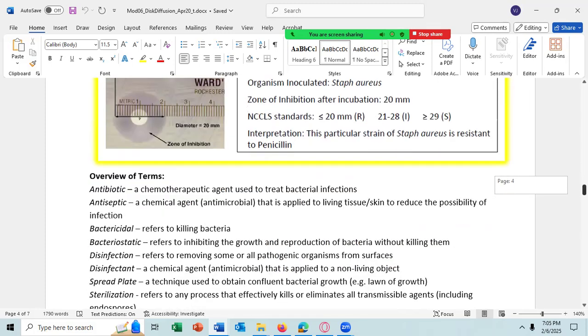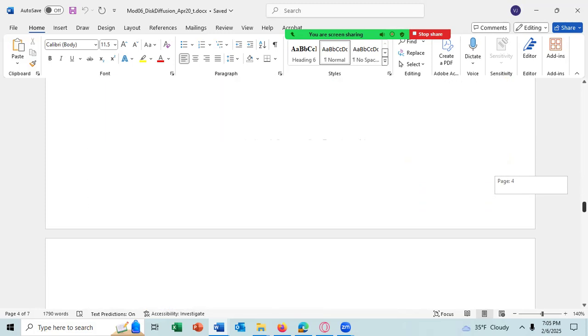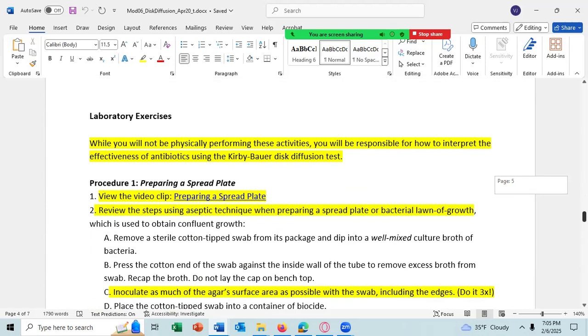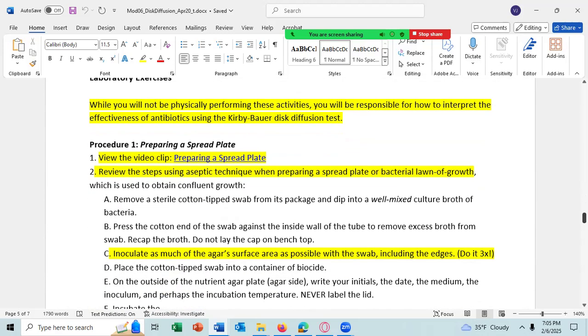All right, there's the terms for this lab. Don't need to look at the references, but you may. You're not going to be physically performing any of these activities because everything we do will be done online, but you will be held responsible for learning how to interpret the effectiveness of antibiotics using the Kirby-Bauer disk diffusion method.